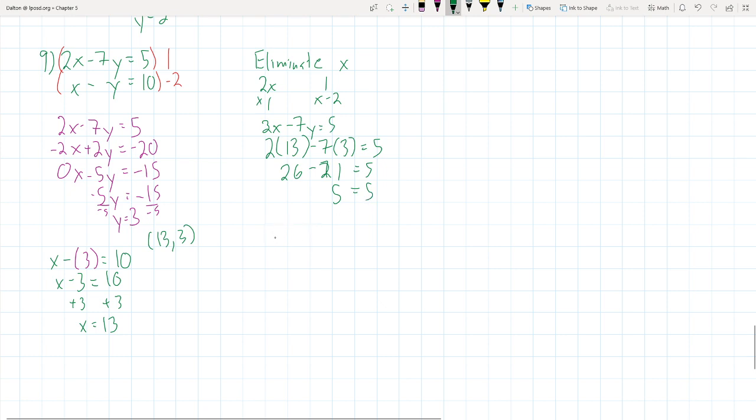Plug it into the other one, which says x minus y needs to equal 10. So I put in 13 minus 3 needs to equal 10. 13 minus 3 equals 10. 10 equals 10. Awesome.